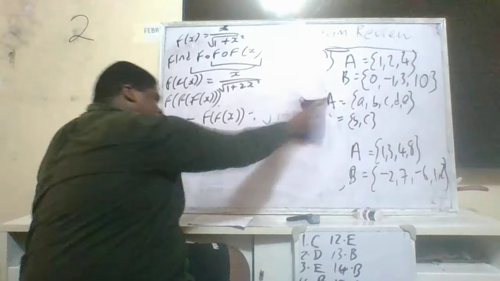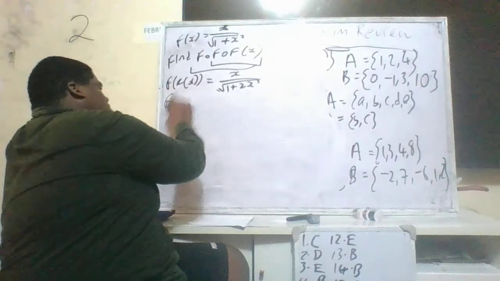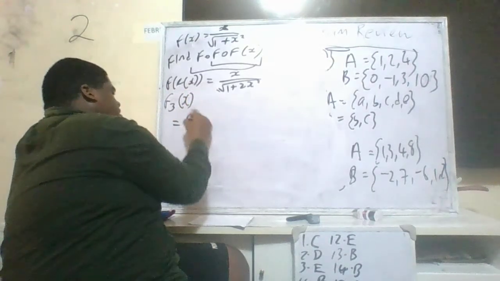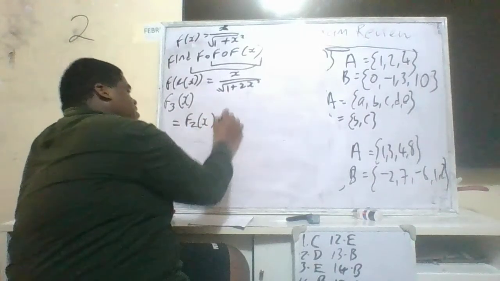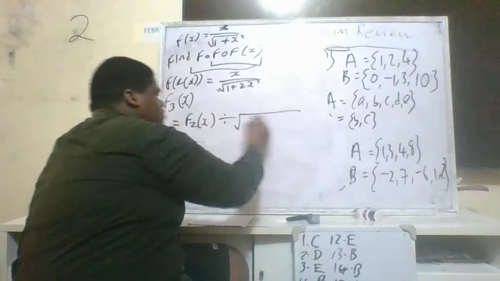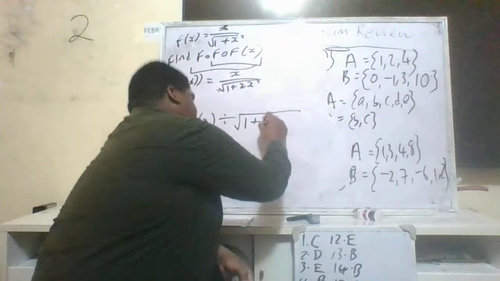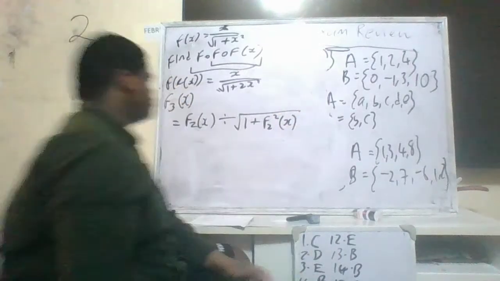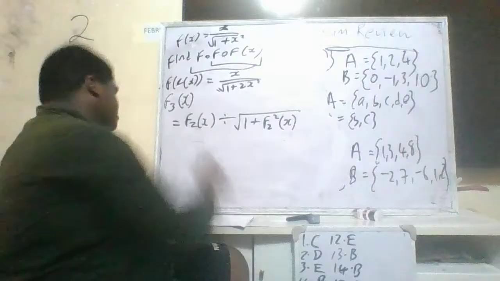I'll use my own notation. So f subscript 3 of x is equal to f subscript 2 of x divided by the square root of 1 plus f subscript 2 squared of x. Good. Simple notation, simple way of writing it.